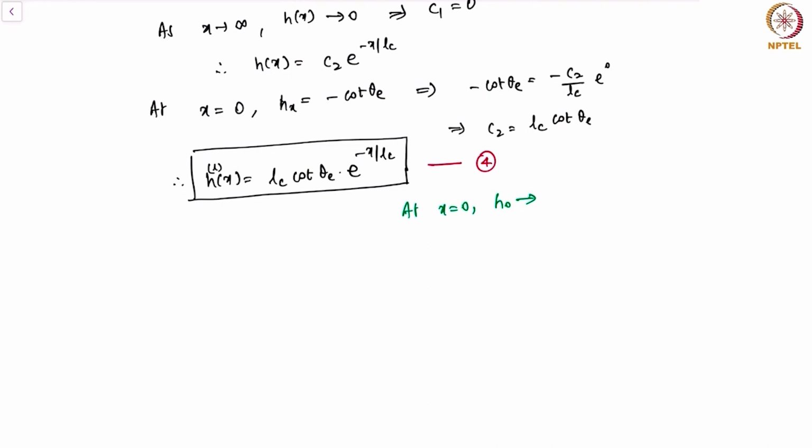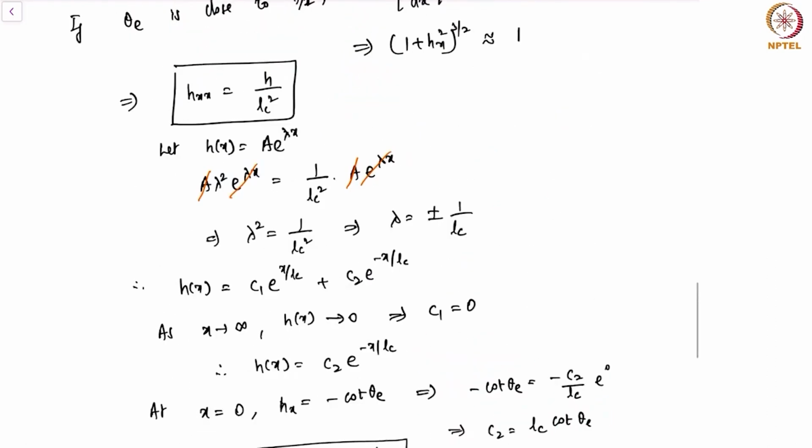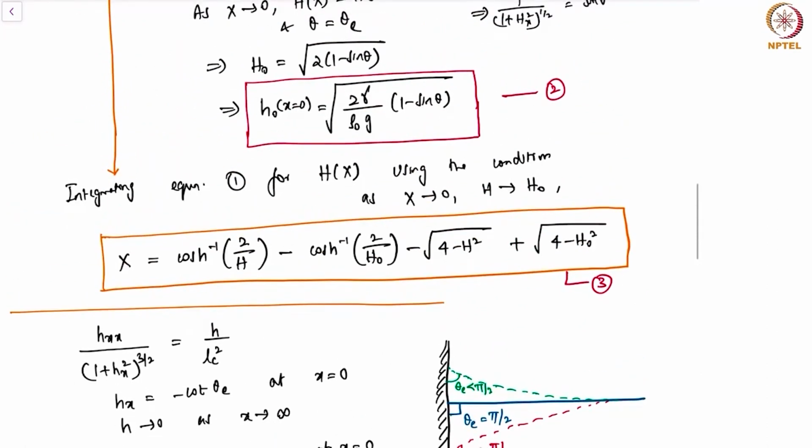So the solution of the linearized equation, h naught of L, becomes LC cot theta e. Contrast this with what we got earlier, which says that h naught is equal to LC times square root of 2 into 1 minus sine theta.